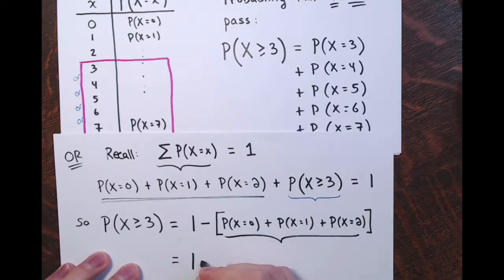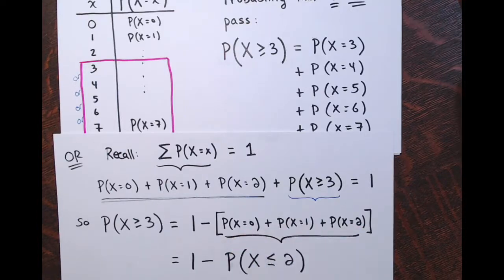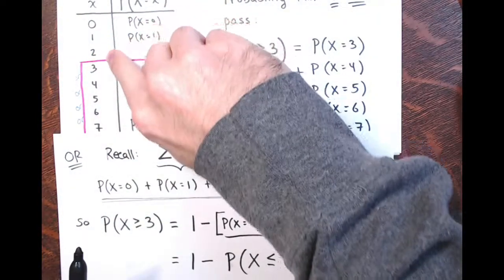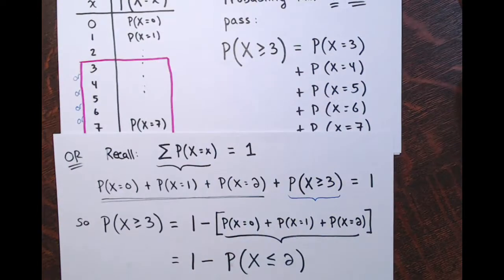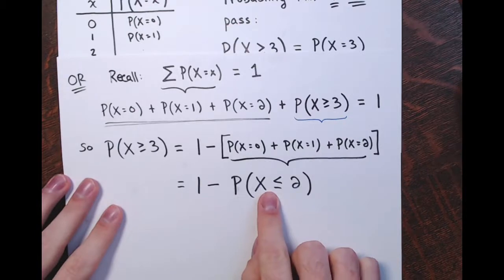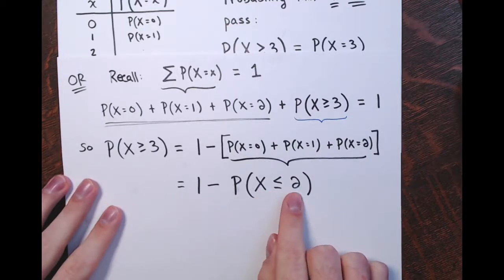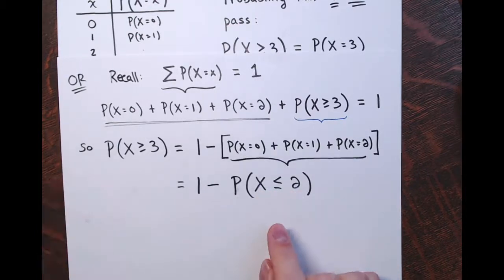That's the same thing as the probability of x being less than or equal to 2. That's the upper part of this chart. And there is a way to find this less than or equal to probability with the calculator.